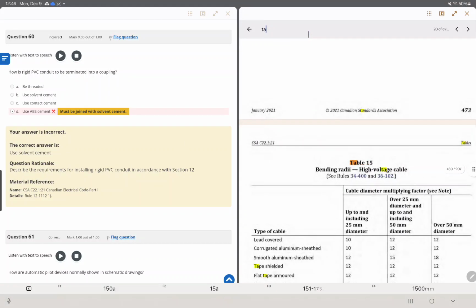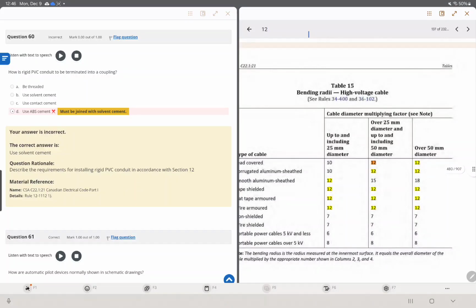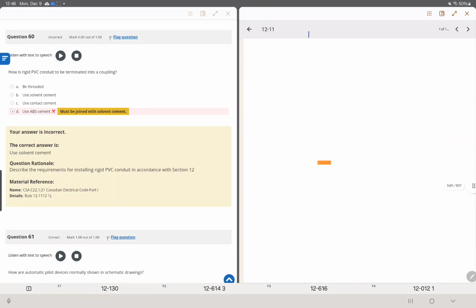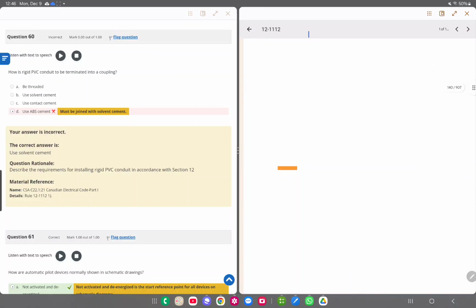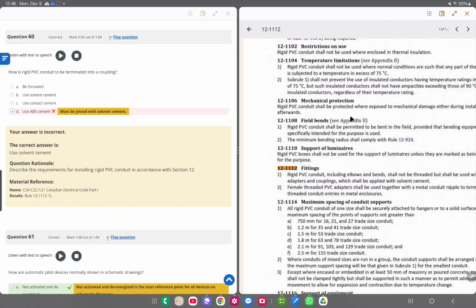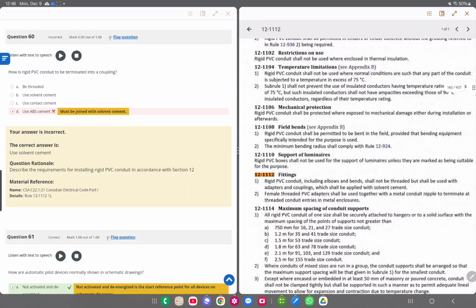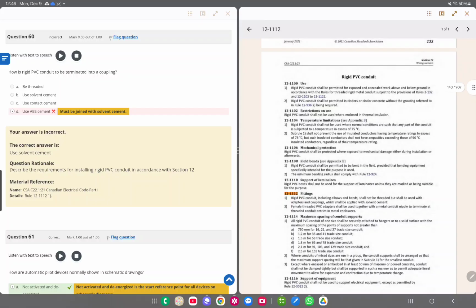Yeah, so let's see what exactly they did. 12-1112. 12, 11, 12, and it shows you that solvent cement is needed, and this is under rigid PVC conduit.